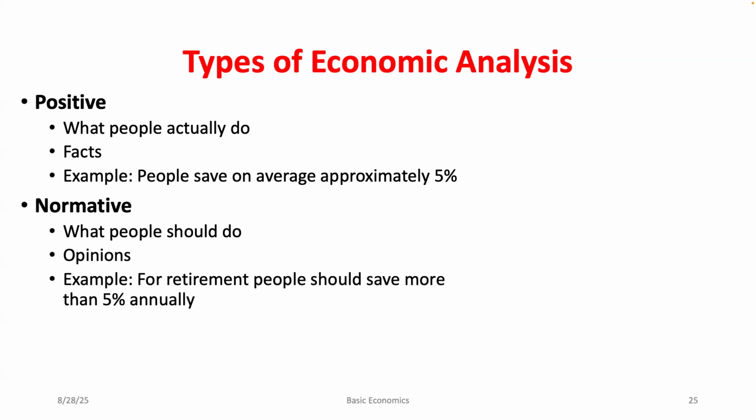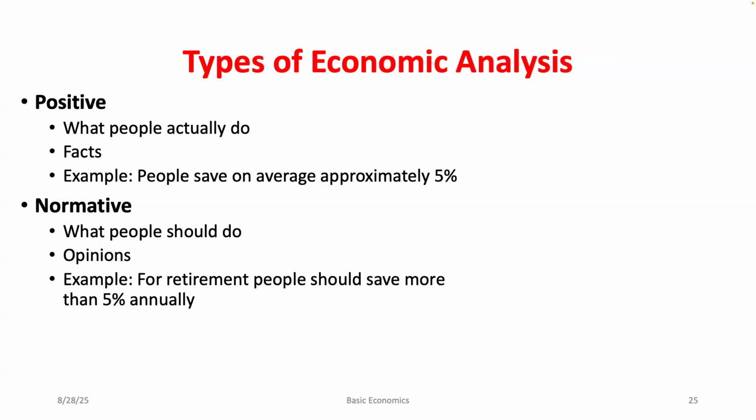That normative statement is really an opinion. It's saying, based off of what we've counted, people should be saving this much. It's not actually how much they are saving, so it's not a fact. We're giving a suggestion over what the optimal decision should be. That's a normative statement.